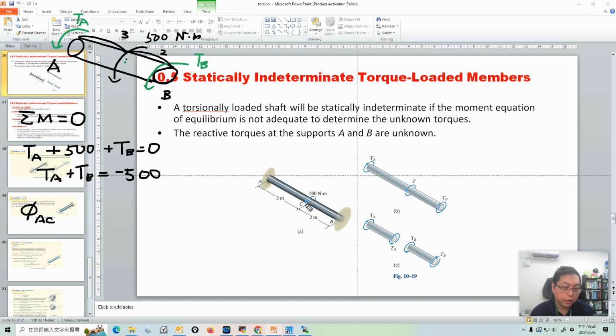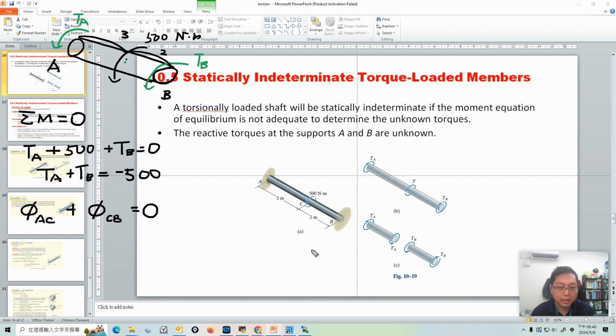I apply a torque here, I will have the deformation, the angle of twist in the AC section, and this torque will also have the angle of twist in the CB section. And the overall deformation of the angle must be equal to 0.